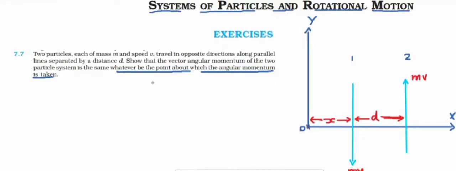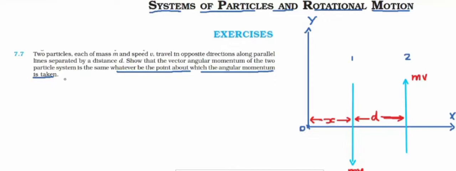Now we are asked to prove that their total angular momentum is independent of the point about which it is taken. That means we need to prove that the total angular momentum of these two particles is independent of the distance x from the origin.